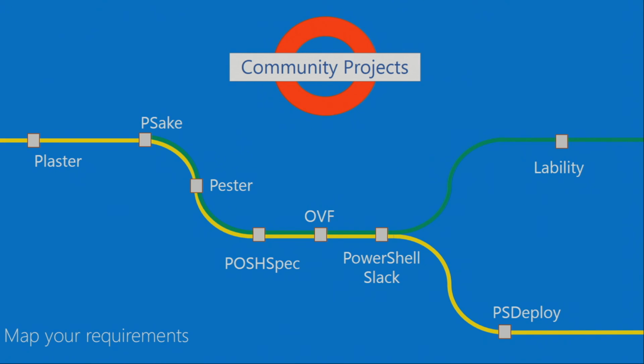They extend that and allow you to say, here's my environmental data. I have 5 servers, these are their names, these are their IP addresses. You can use Lability to click, and it's going to stand up the environments for you. In Hyper-V, it'll stand up each of the VMs, configure them the way that you want, and then inject the DSC configuration into there. So it sets the environment up so that you can go and do some tests on it. And PSDeploy does it in a different way as well.